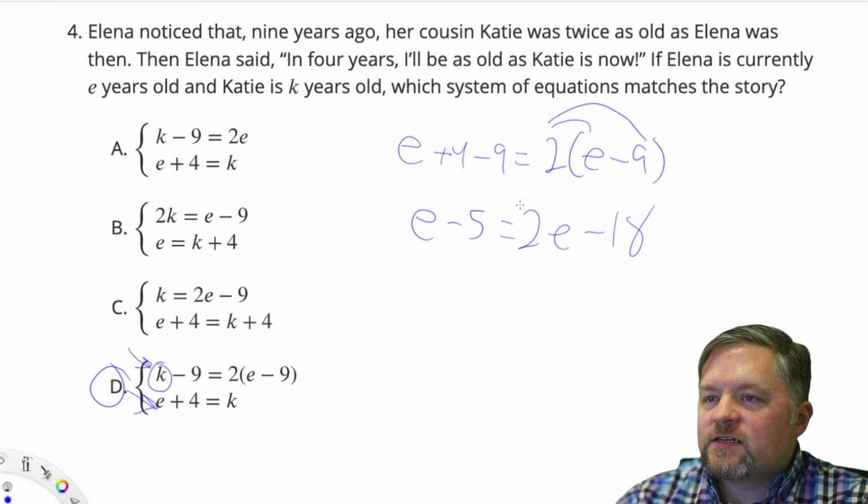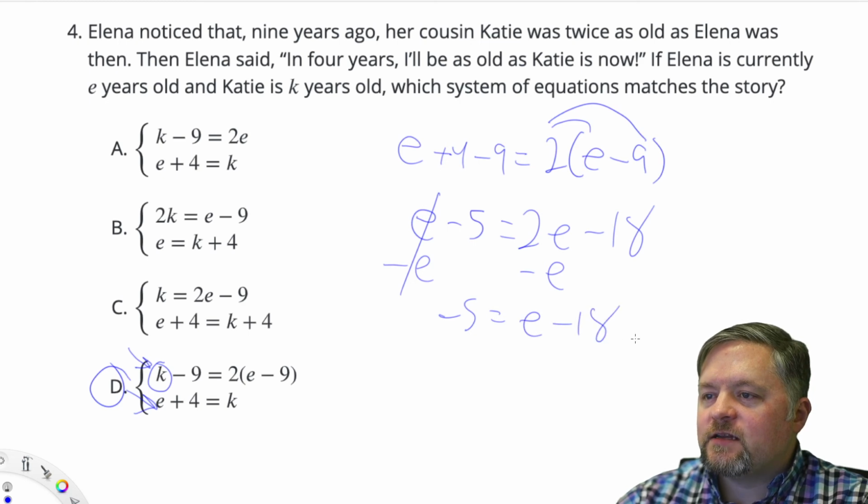Now, which side has more E's? This side does, so I want to get rid of them from over here. Subtract an E and those will cancel. Do it to one side, do it to the other. Negative 5 equals 2E, subtract E is just E, minus 18. To get the E by itself, we got to get rid of this, so I'm going to add 18 to each side.